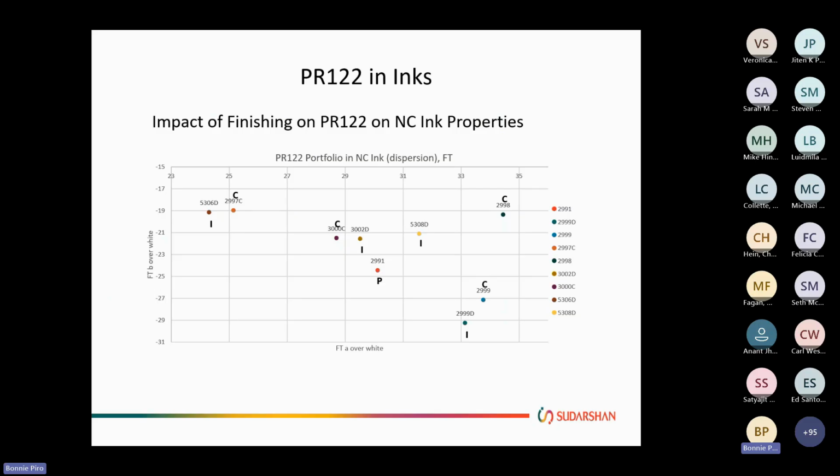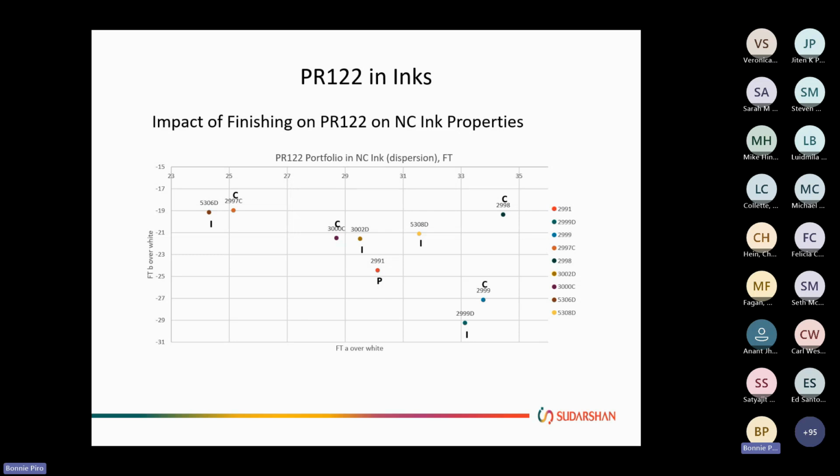Shifting gears to Red 122, starting here with ink. We are looking at a nitrocellulose solvent-based ink formulation and a number of products within the Pigment Red 122 color index. Here we're looking at color development in the masstone area for all of these products.